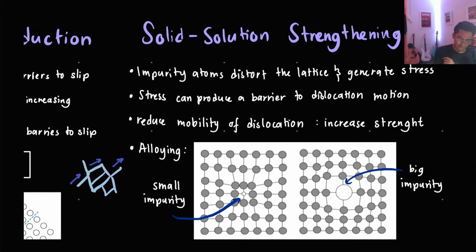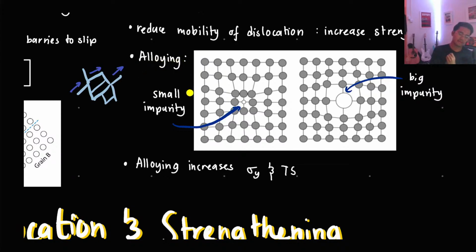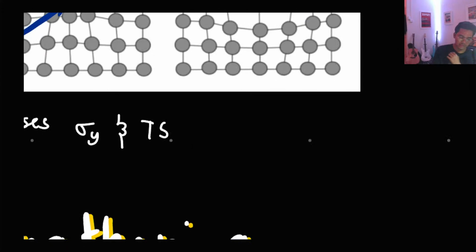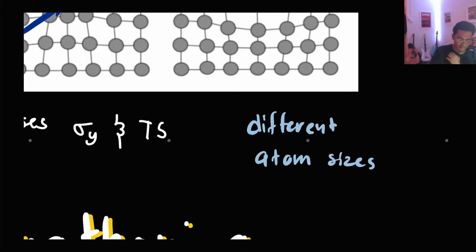What about solid solution strengthening? It means that we introduce impure atoms to distort the lattice and generate stress. This is what we call alloying. We combine with a different metal, because different metals have different atom sizes.